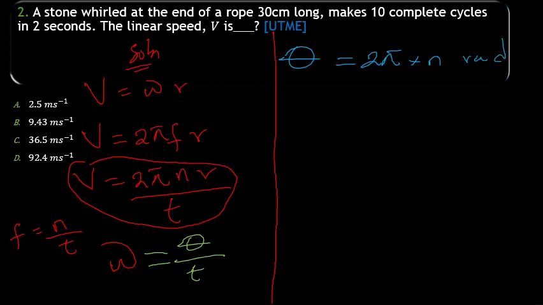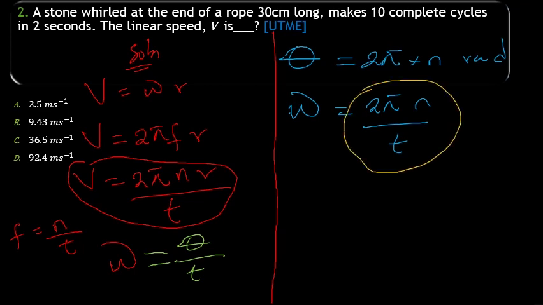Don't forget this, so that if you plug in the value of this, you're going to get omega is equal to 2 pi n all over t. Plug this into the main relationship, and you will get the same thing here.